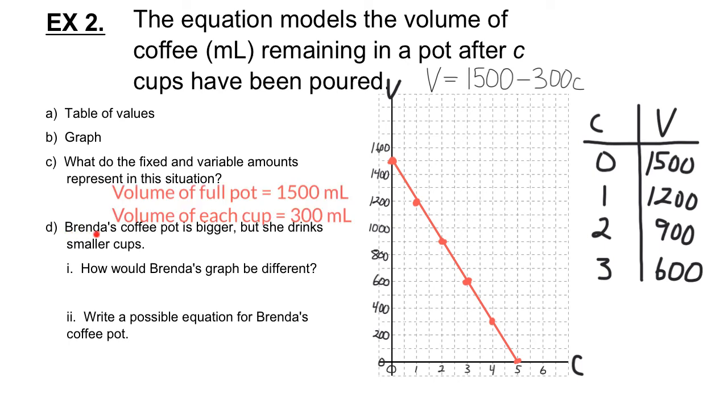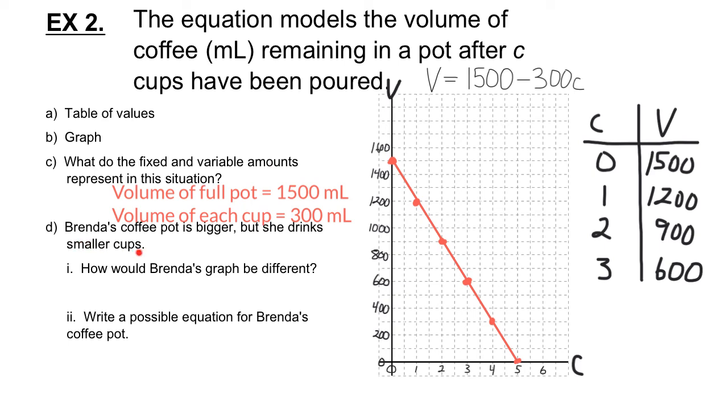Okay, part D. Brenda's coffee pot is bigger, but she drinks smaller cups. How would Brenda's graph be different? Well, if the coffee pot is bigger, her initial value is going to be bigger because this amount here is going to be bigger, right? So if the coffee pot holds more, the initial value is going to be larger.